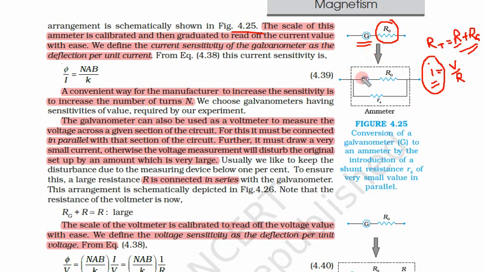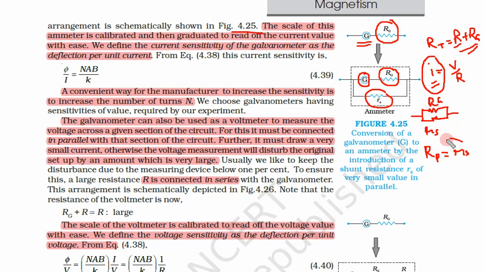So what we did, we take this galvanometer and Rg is its resistance. So we have connected a shunt resistance in parallel. So here you can see we have introduced a shunt resistance in parallel. So this is the new arrangement. This is the Rg, this is the Rs, this is small rs, and this is Rg, and we have seen that parallel resistance is equal to this Rs.